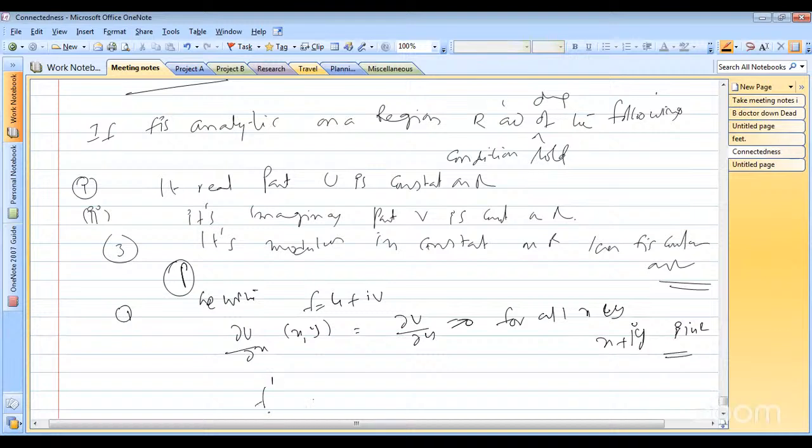The first representation of f' at x plus iy is ∂u/∂x at (x, y) plus i times ∂v/∂x at (x, y).